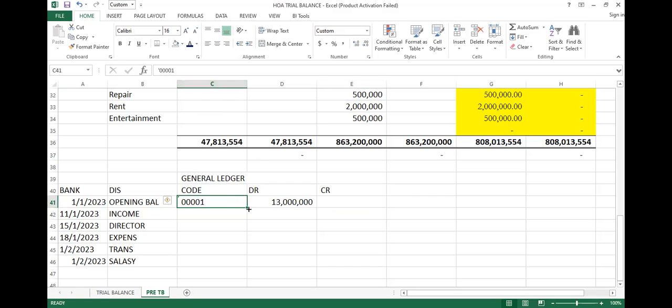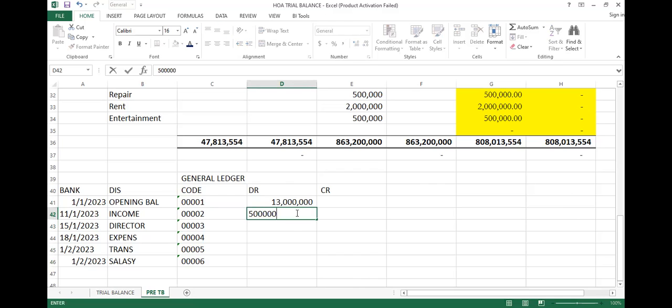So let's assume the code will continue this way. The code will continue. So all these transactions, because this is income, the money is coming into the bank. Let's assume 50 million comes to the bank. I believe my online people are still there.